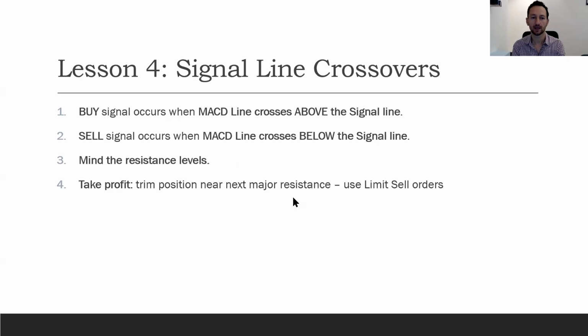So let's get into the most used one, and I think the most potent one, which is signal line crossovers. The steps and the rules are relatively simple, and we make it simple with the platform.